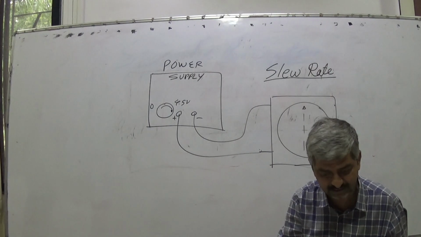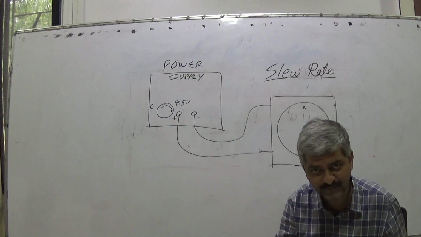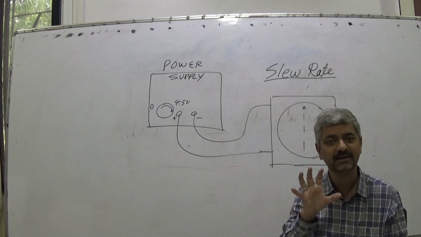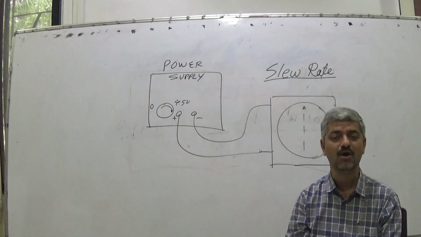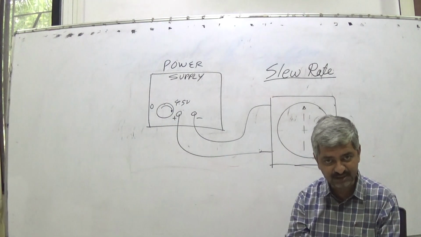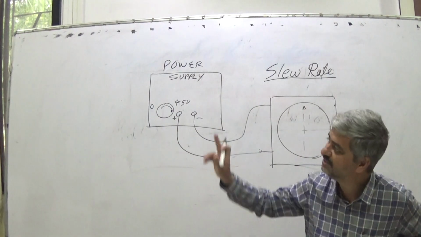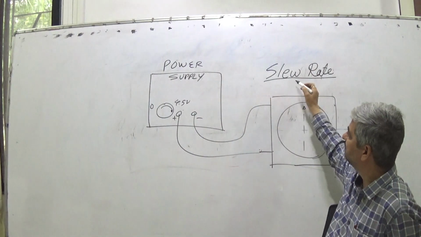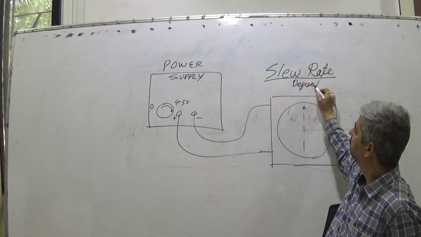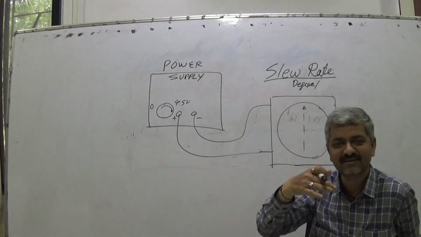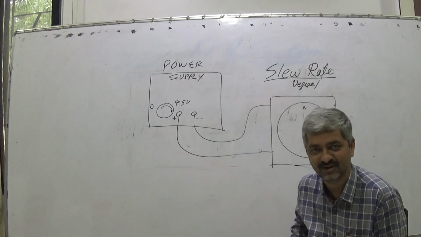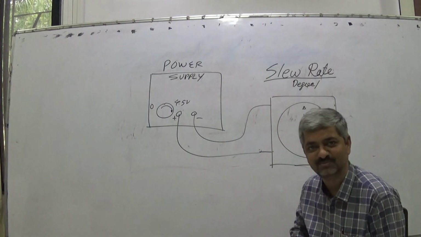Such a voltmeter, because of its physical arrangement, has a limitation of the maximum rate at which the pointer can move. It is the slew rate and its unit is degrees per, you can say, per second is a very large time, so it would be a very huge figure.